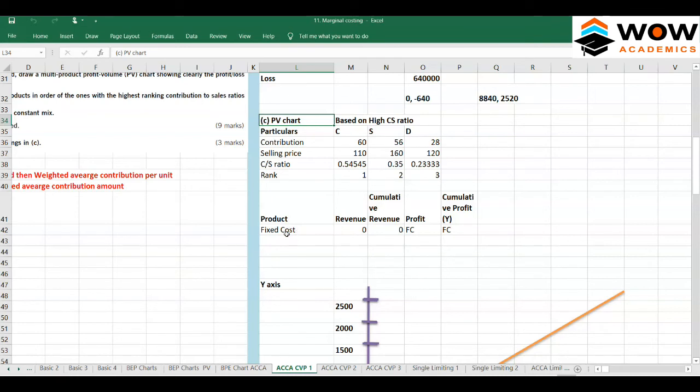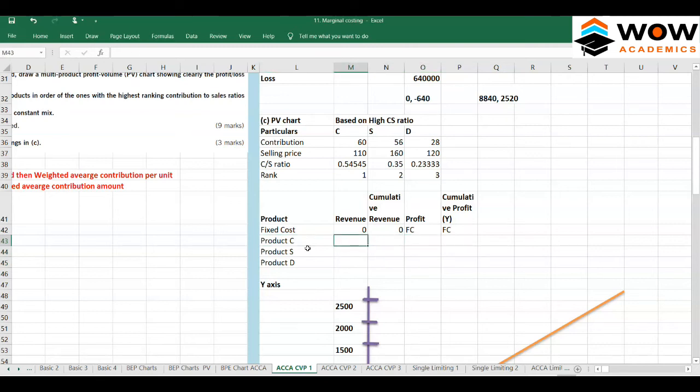Okay. So first we are going to have fixed cost. Then we are going to sell the product with the highest CS ratio. So first we'll sell this product. When we sell, we'll first put what is the revenue, and then we'll put what is the contribution for that product.